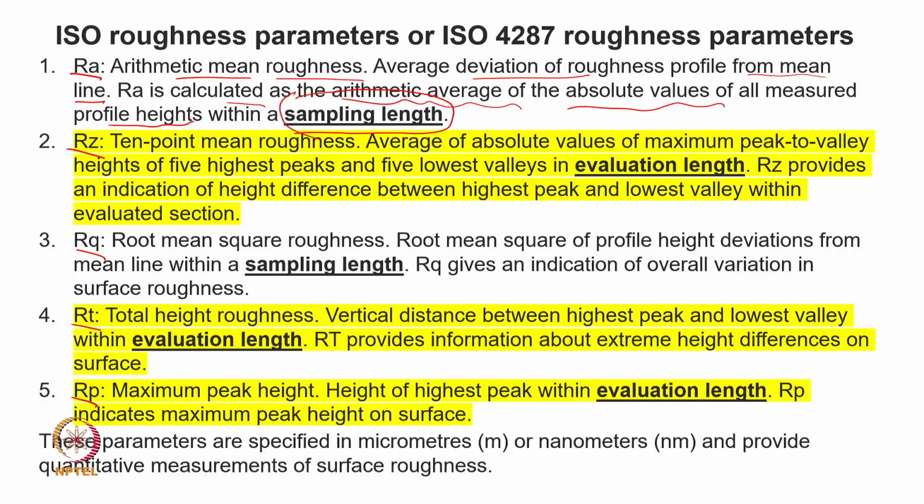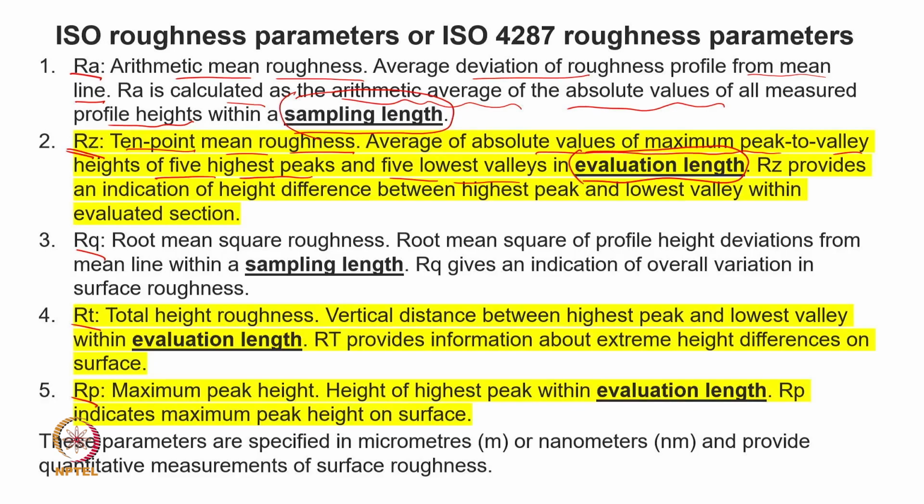Coming to the next one, RZ: we take 10 points, the 10 point roughness, and in this case also we take the absolute value of the peak to valley. Here we take the 5 highest peaks and the 5 lowest valleys, and we count something like an evaluation length, which is different from the sampling length.